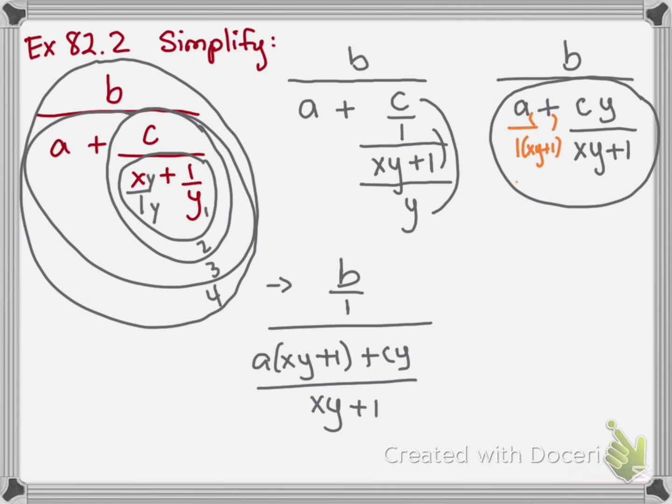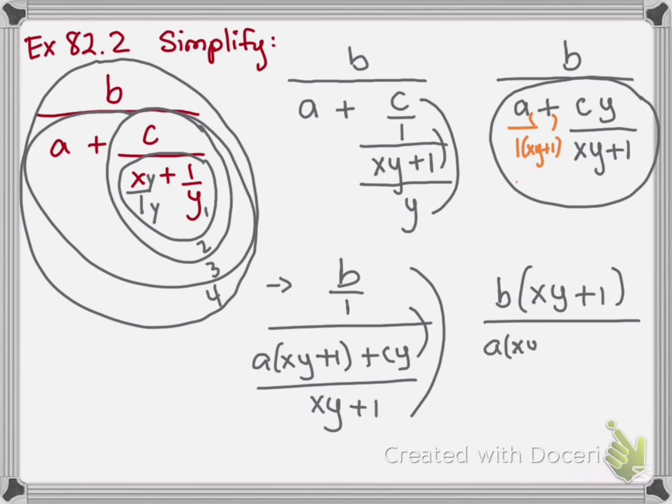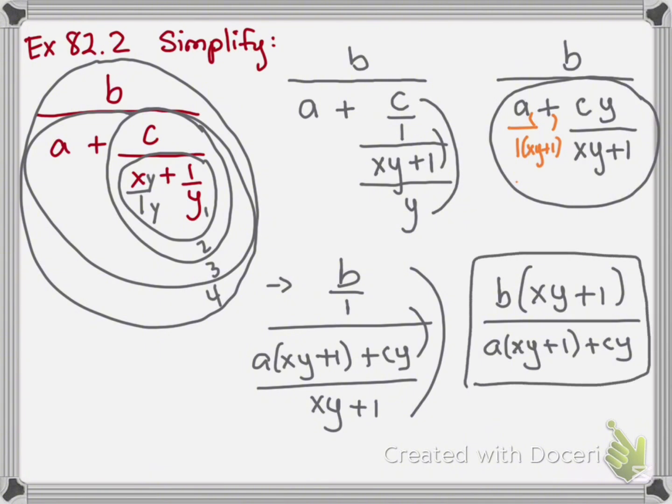When we do the final step, which is the division, we're going to multiply b over xy plus 1. And then on the bottom, we're going to multiply the a parentheses xy plus 1 plus cy. Now, can you do distributive property? Yes, but it's not necessary. So we're just going to leave it like that.